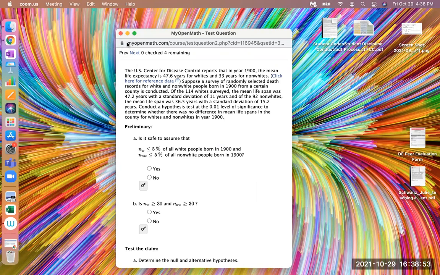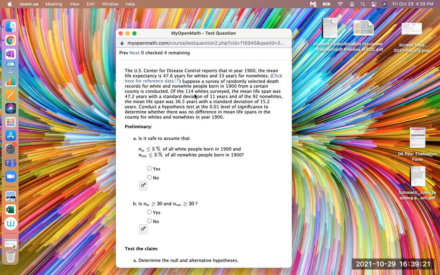So it says the U.S. Centers for Disease Control reports that in 1990, the mean life expectancy is 47.6 years for whites and 33 years for non-whites. Suppose a survey of randomly selected death records for whites and non-white people born in 1990 from a certain country is conducted.